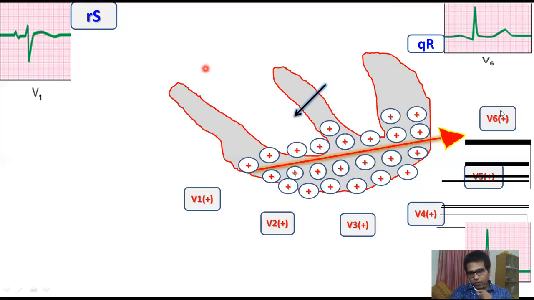From the position of V6, it is observed that the septal depolarizing vector is moving away from V6, but as the septal muscle mass is less, there will be a very small or short negative deflection, that is a small Q wave, followed by the major ventricular depolarization, which is directed towards V6. That will produce a big R wave in the ECG tracing in the V6 lead.